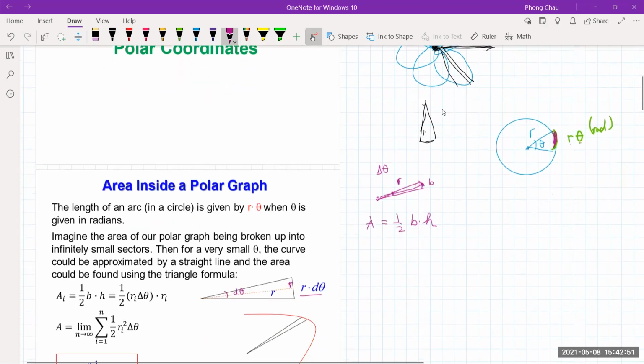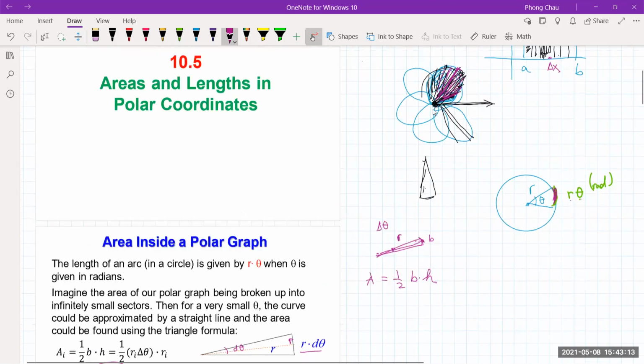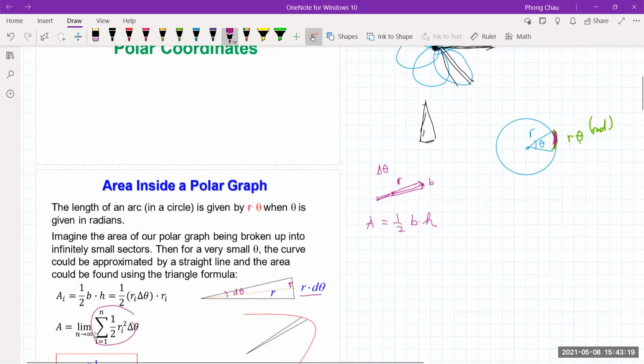That's where the summation comes in. Half r times r is r squared, so you have half r squared delta theta, with r sub i, where i goes from 1 to n. So this part sums up the area of the n sectors. Say it's divided into 10 of those, then you add them.